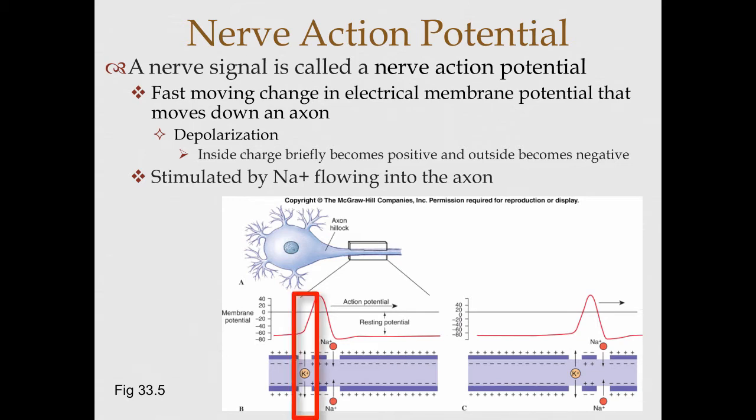Potassium, which was at relatively high concentrations inside the axon, now flows to the outside of the axon. And this reestablishes a slight negative charge on the inside of the axon. You can see in this figure how sodium is flowing into these sodium channels all the way down the length of the axon. It basically acts like a domino effect, going from the cell body region down to the synaptic knobs in a nice wave.